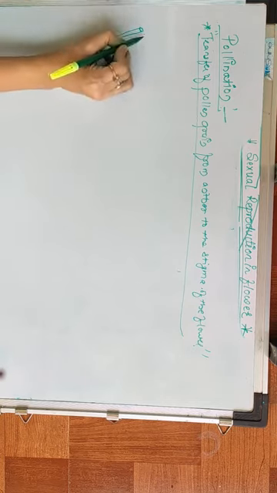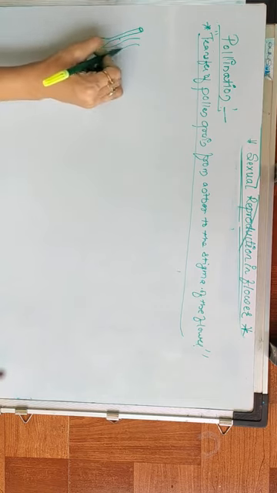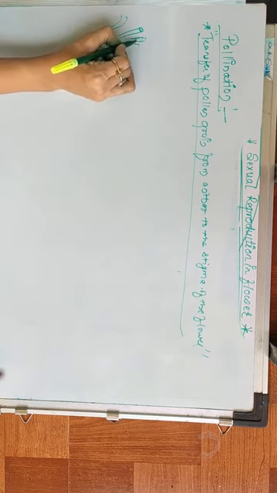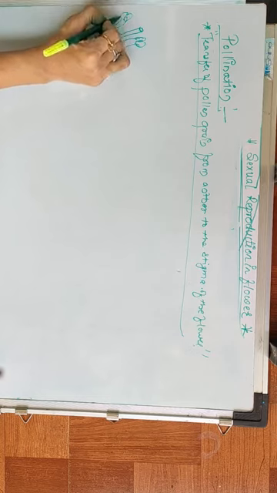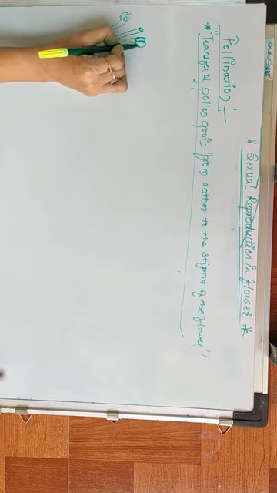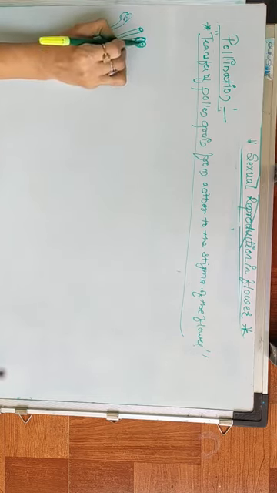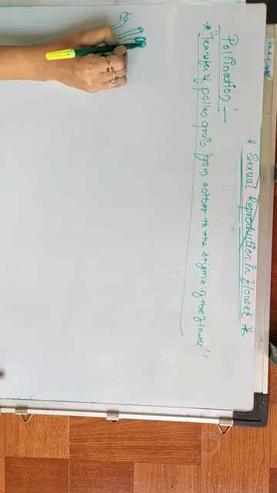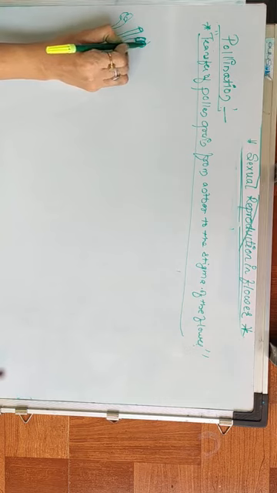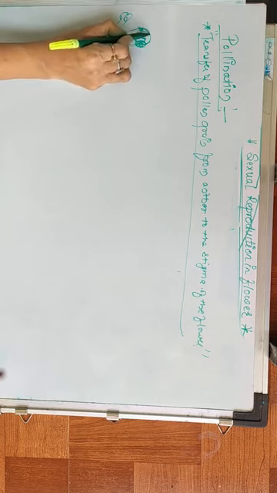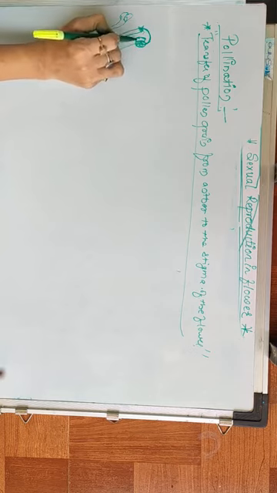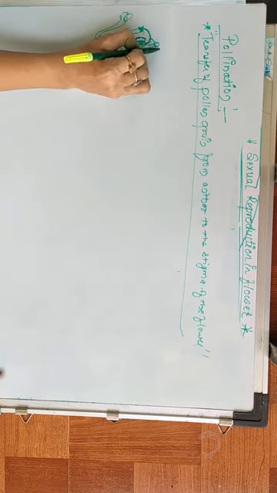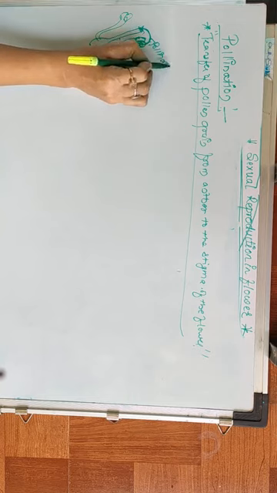Okay, as I initially told you, this is the carpel, with the stigma, style and ovary, and that is called the filament, and that is called the anther. In this anther, 2 pollen sacs are there with the pollen grains. So the pollen grain present here is transferred from the anther to the stigma. This process is known as pollination.